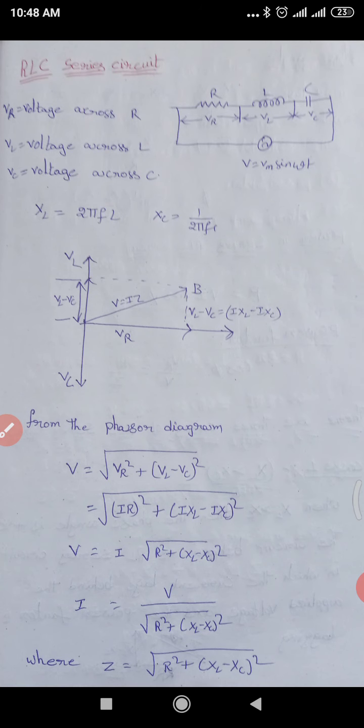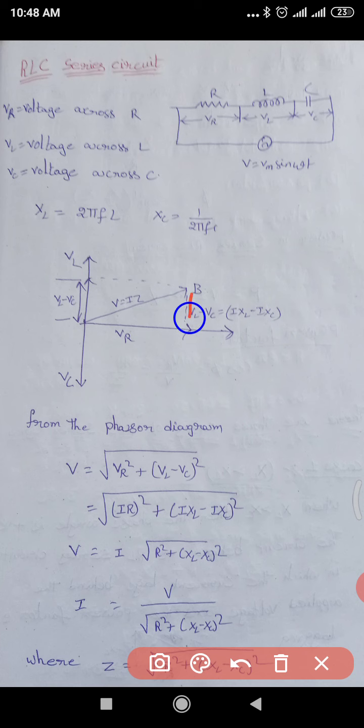From the phasor diagram we can observe how to find out V. If we consider this triangle, it is a right angle triangle. From this we find the hypotenuse: h square is equal to side square plus side square. From this triangle we get V equal to square root of VR square plus VL minus VC whole square.